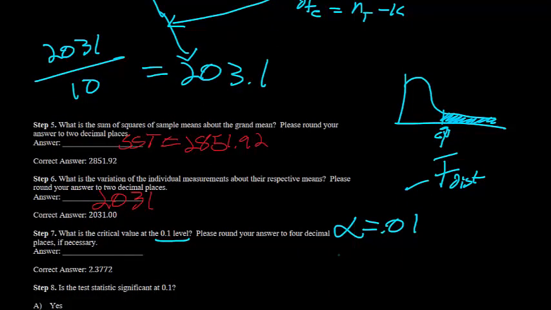So this is based off of the degrees of freedom for the numerator and the degrees of freedom for the denominator. So this is going to be 8 and 10. That's not really a fraction, so don't divide this. It's 8, a comma, and a 10.